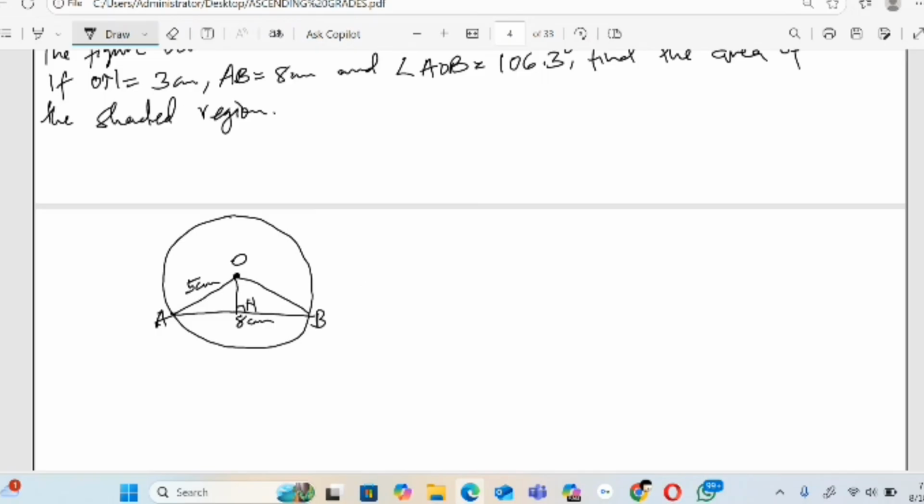Then this is now the shaded part. That is the shaded region. So find the area of the shaded region. In other terms, they're asking you to find the area of the segment.